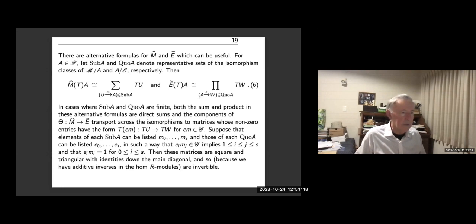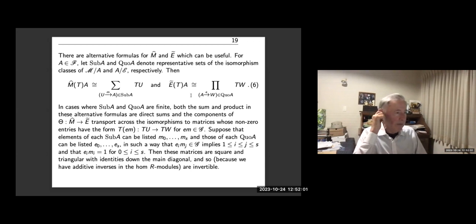And a similar thing for E tilde, it's the product of the quotients of the T W. So when sub A and quo A are finite, which happens in the case of finite vector spaces, then both these sums and products are direct sums. And this theta from M hat to E tilde is quite a natural thing. It's a matrix between these direct sums whose non-zero entries are all the T E M where the E M is in G.